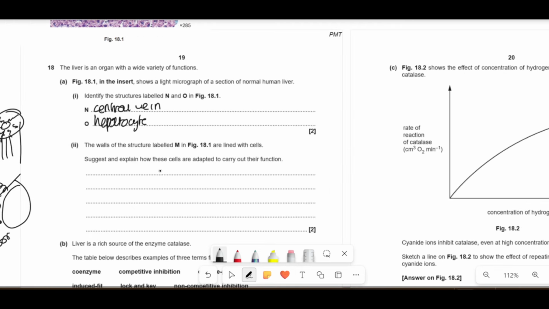So it says the walls of the structures labeled M, so this is the sinusoids, and the sinusoids are lined with those Kupffer cells and those hepatocytes. It's told you that they are adapted to carry out their function, so their function is to remove harmful substances. The way that we remove and move around things in the body is nearly always to do with diffusion.